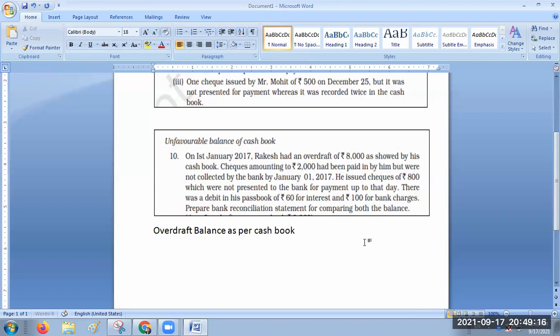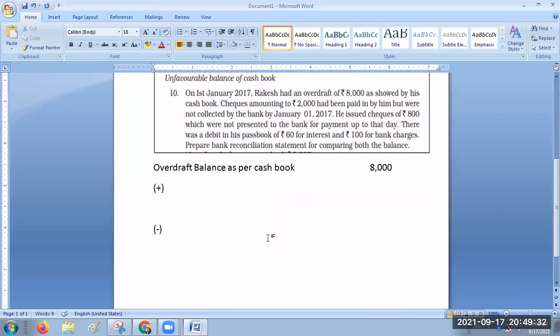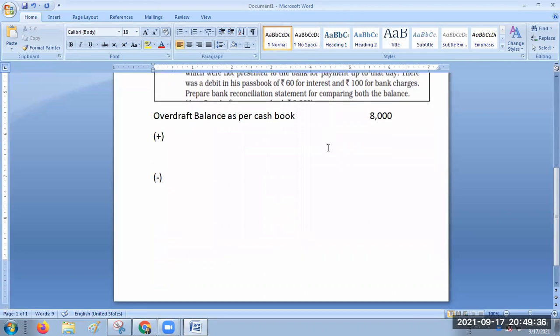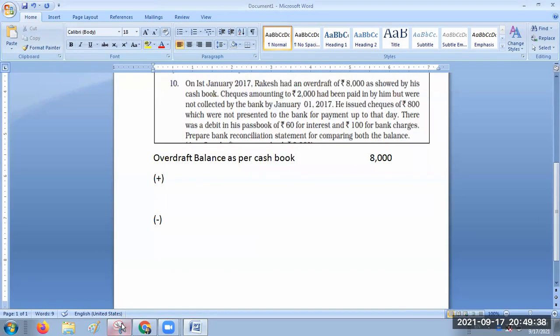What is the amount? 8,000. Now you see, as you all know, some amount should be added, some amount should be deducted. Just we have to reverse the process. What does it mean? I will explain.